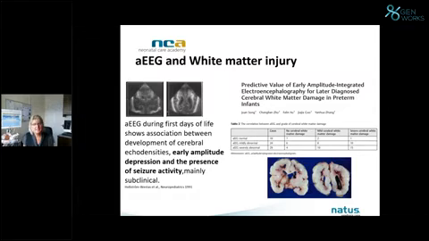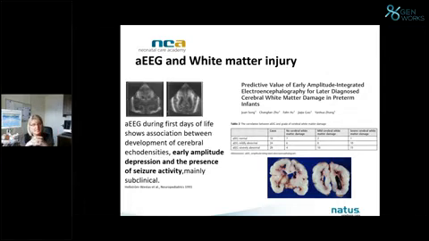The group headed up by Song et al., and they're from China, did a study, and they took 63 preterm infants of less than 32 weeks gestational age, and they had AEEG within the first 72 hours after birth. And again, the AEEG degree showed significantly positive correlations with both white matter injury and poor neurodevelopmental prognosis.